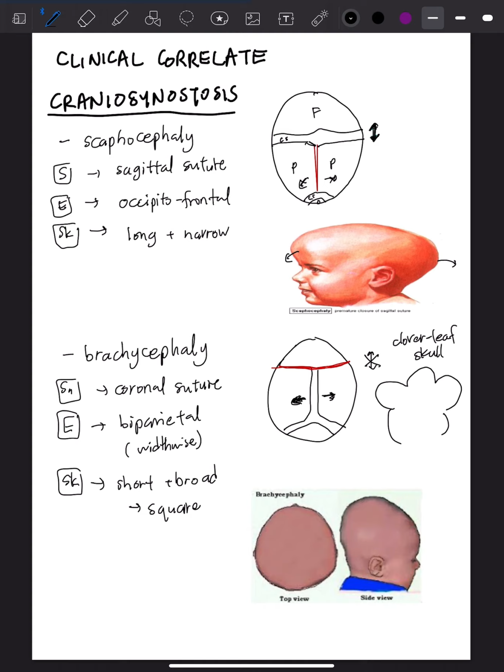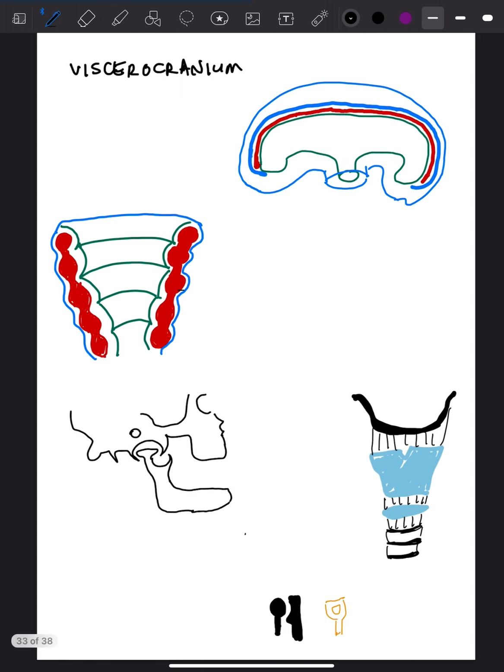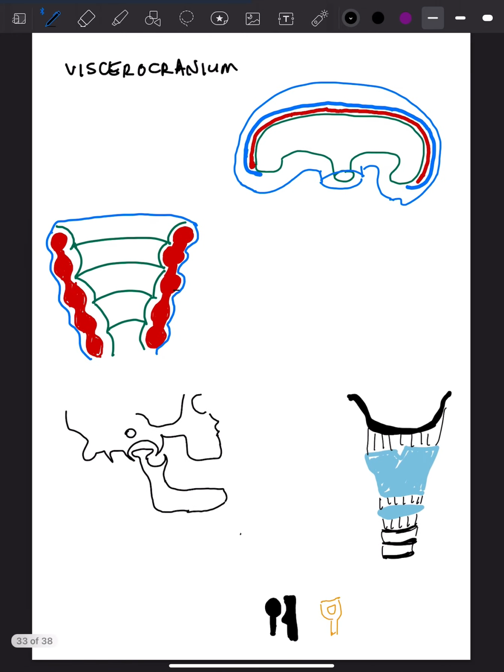Okay, so we're done with the neurocranium. Now we're going to look at the viscerocranium before we take a break to do the trunk and the limbs. The viscerocranium is the bone structure of the face and skull.